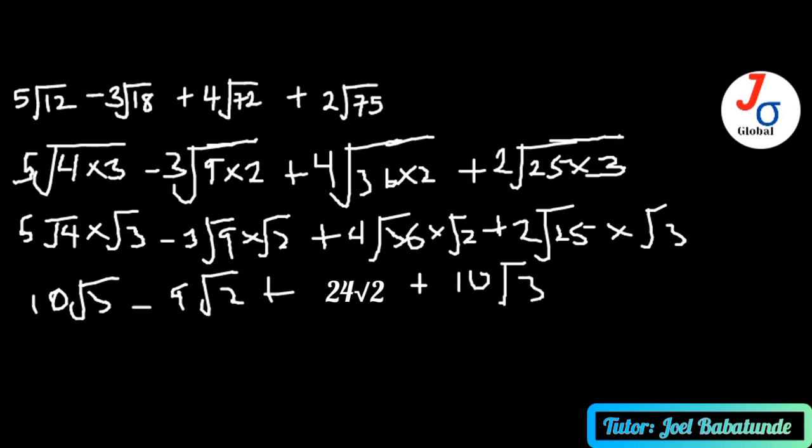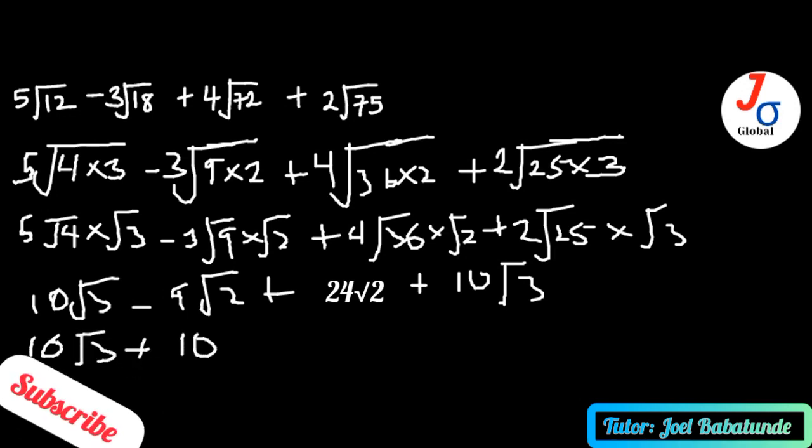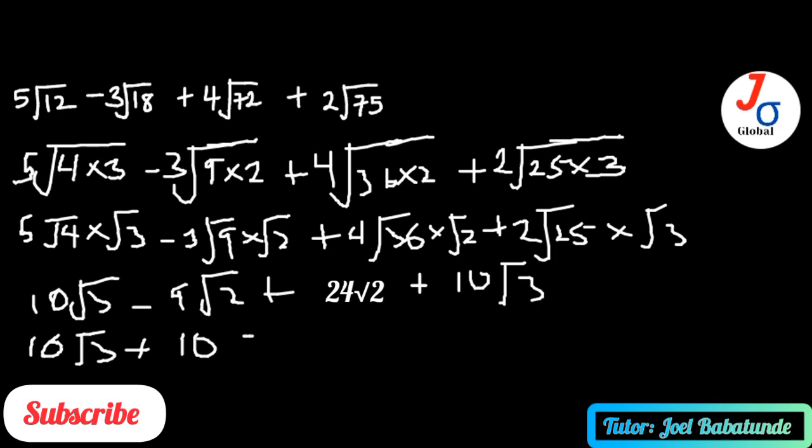Okay, so I see similar terms here. Let me collect like terms. I have 10 root 3, then plus 10 root 3, they are similar, then minus 9 root 2 plus 2 root 2.